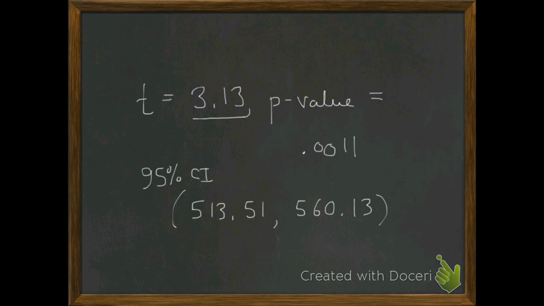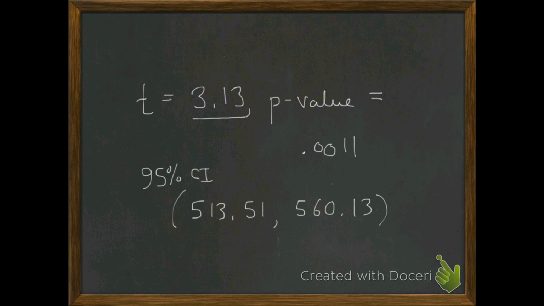We carried out the test of hypothesis, the test statistic 3.13, which tells us that our sample mean was 3.13 standard errors above the claim in the null hypothesis. Our p-value was 0.0011, which tells us that there was a 0.0011 probability of attaining a sample mean as extreme as ours by chance alone.